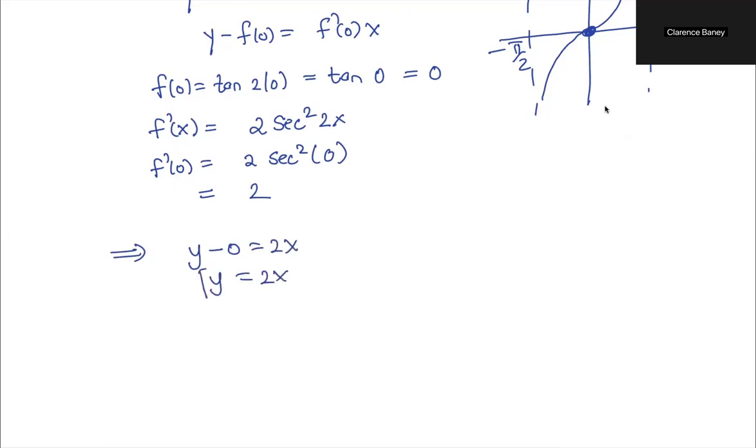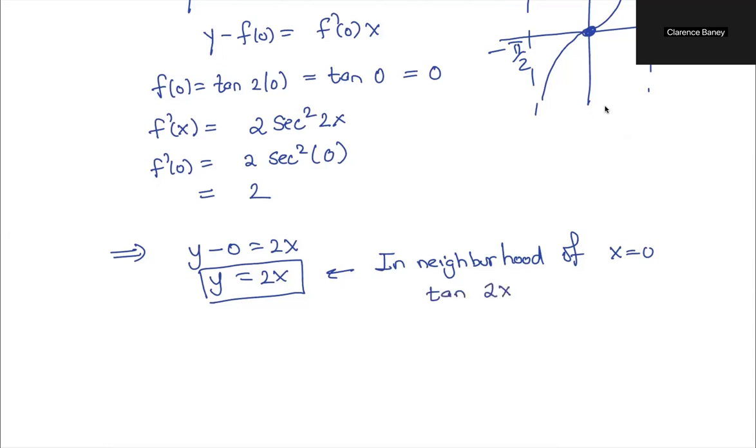And I want you to understand what this means in this context. It specifically is telling you this, that in a neighborhood of x is equal to 0, so you're in a small interval around x is equal to 0, the assumption we can make then is that the tan of 2x is approximately equal to 2x.